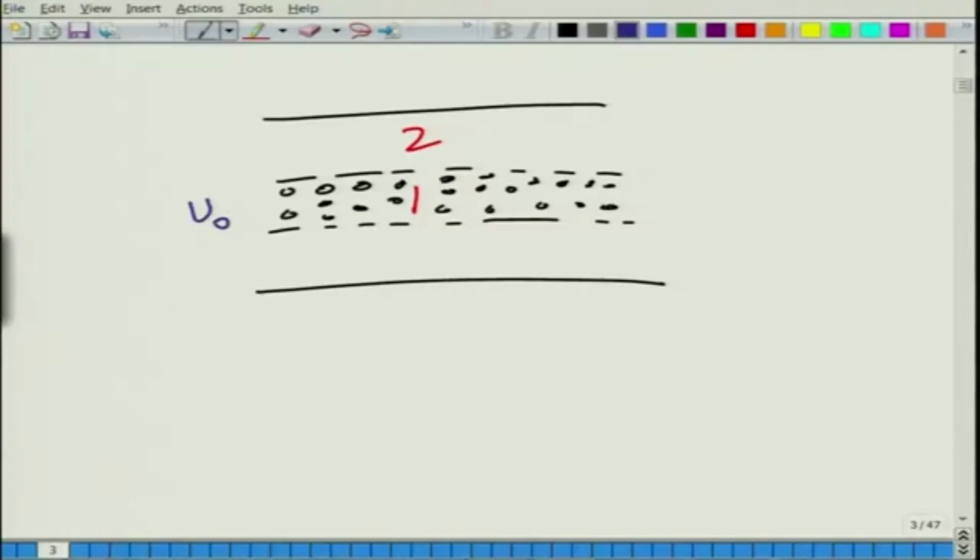So, let us begin with considering the continuity and the momentum equation in an element, in a small control volume. Let me do an exaggerated version of this.